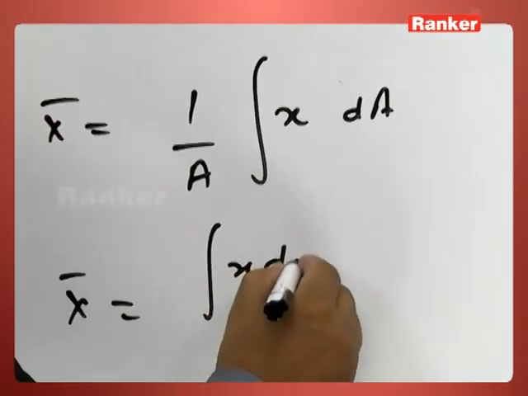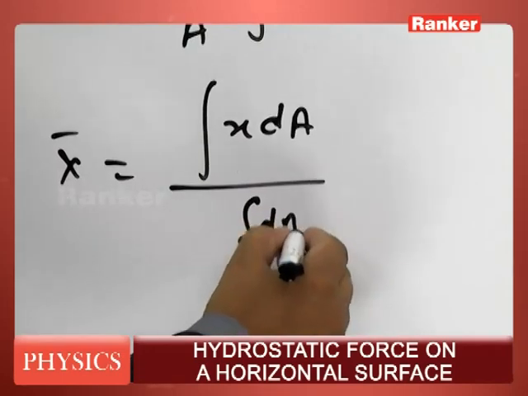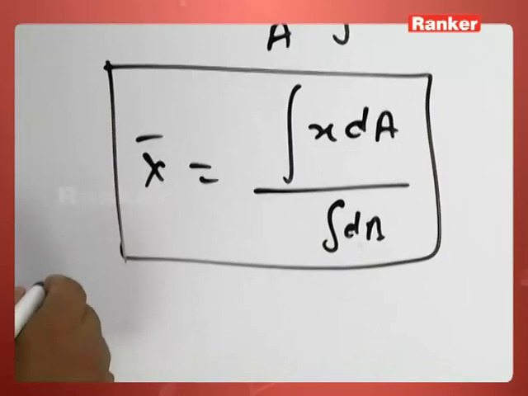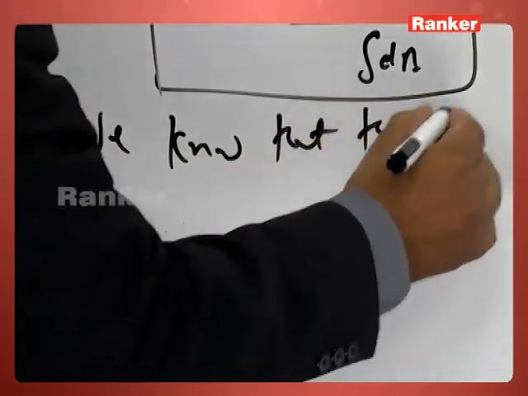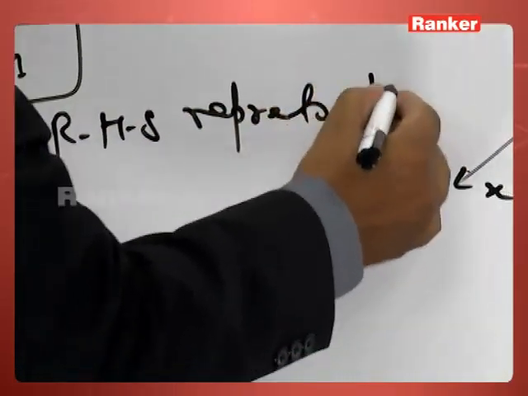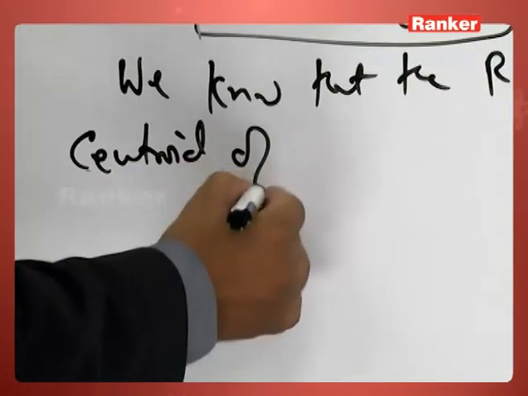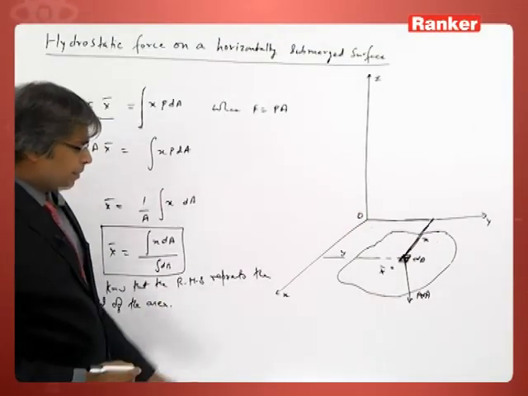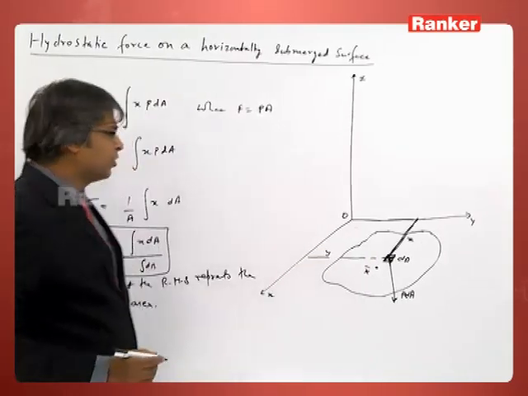So X bar is equal to integral X dA by A. So thus you see, we know that the RHS represents the centroid of the area. That means the whole pressure acts at the centroid.